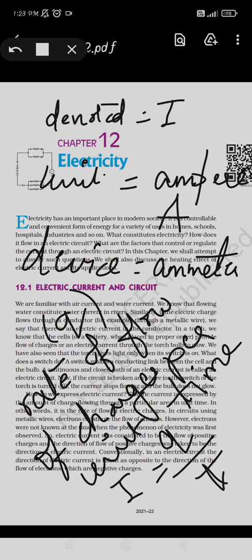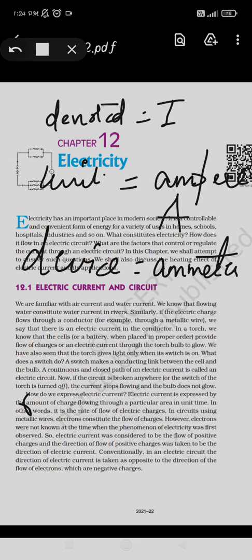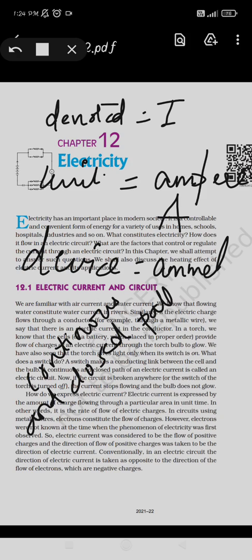Now, what is an electric circuit? An electric circuit is a continuous closed path through which the electric current can flow.